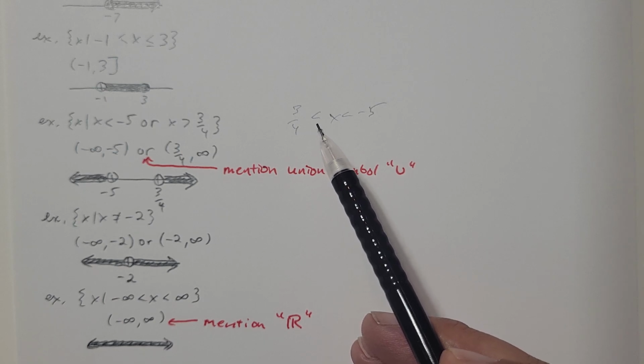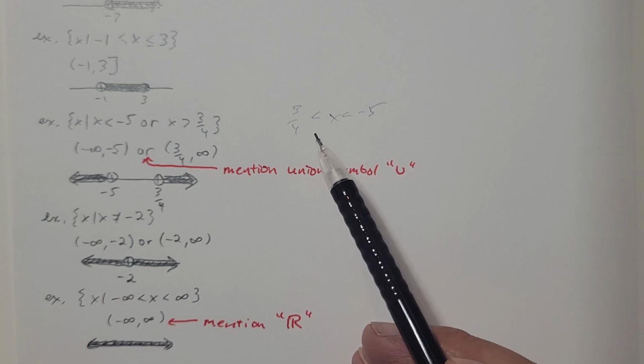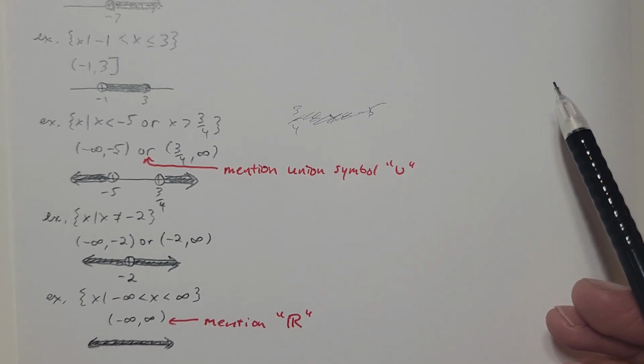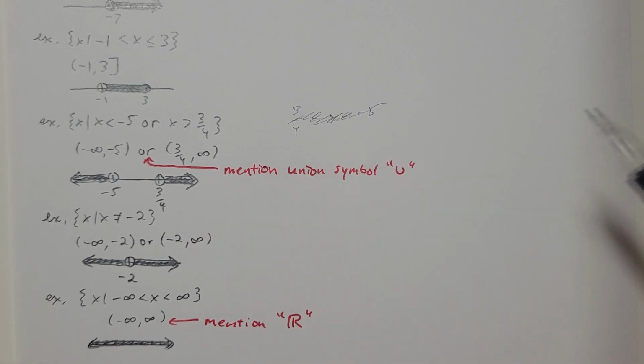Is that true? -5 is bigger than 3/4? No. So something like this, we don't want to write that down. In other words, if the answer contains the word or, it must have the word or written. Otherwise, you're not writing down the correct answer.